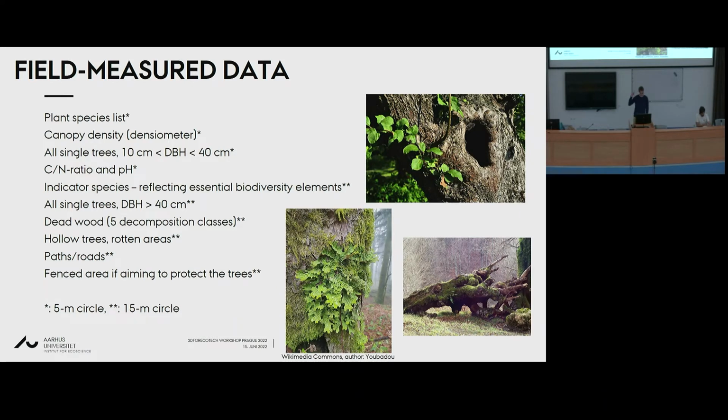We measure some soil chemistry and indicator species, like, for example, this Lobaria up here. And we also register hollow trees and trees with rotten areas, and then we record if there are some anthropogenic impacts in the circles, in the plots.